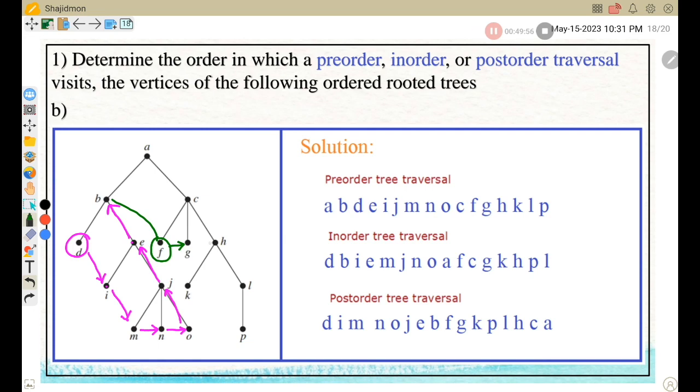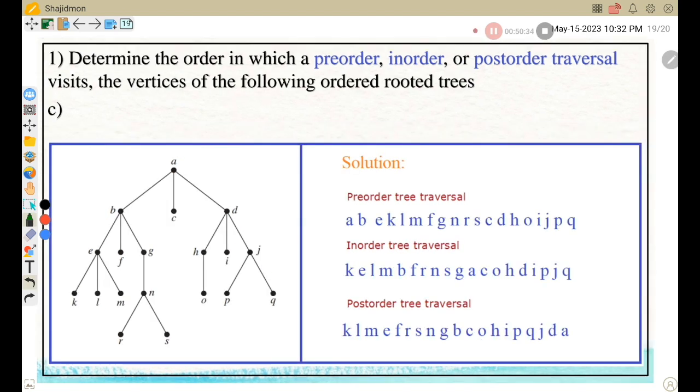So G. After G we cannot go to H because it has children, so we go to the left part, K. So G to K, and again we cannot go to L because it has a child P, so after K we go to P, then P to its parent, that is L, then its parent, that is H, then its parent, that is C. Lastly we visit the root vertex. So this is the post-order traversal. You can practice that, you will get it easily.